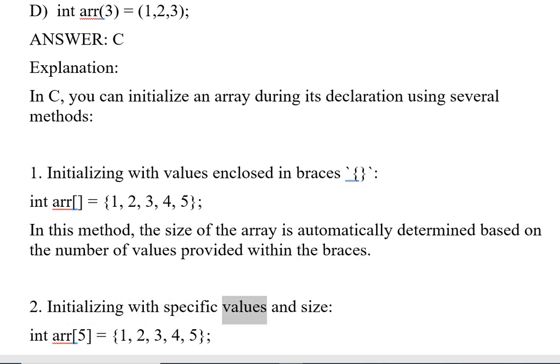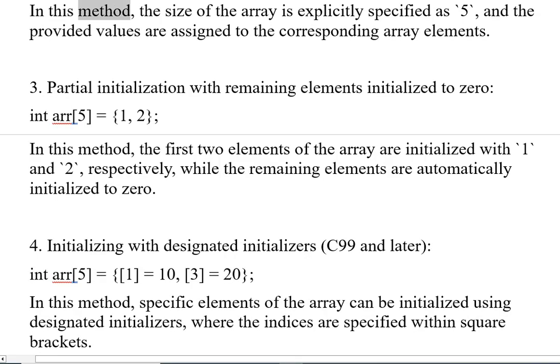Initializing with specific values and size. int arr[5] = {1, 2, 3, 4, 5}. In this method, the size of the array is explicitly specified as 5, and the provided values are assigned to the corresponding array elements.